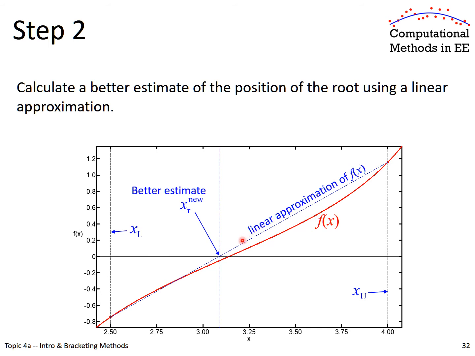And it figures out where that line crosses the zero. And that will be our new guess. And we can see that that actually is a better guess than choosing the midpoint, assuming that the function is close to linear. For functions that are very nonlinear, that do a lot of curving, that may not be a better guess.